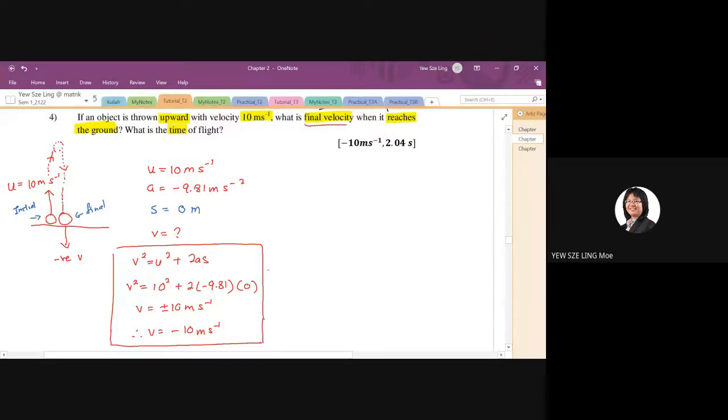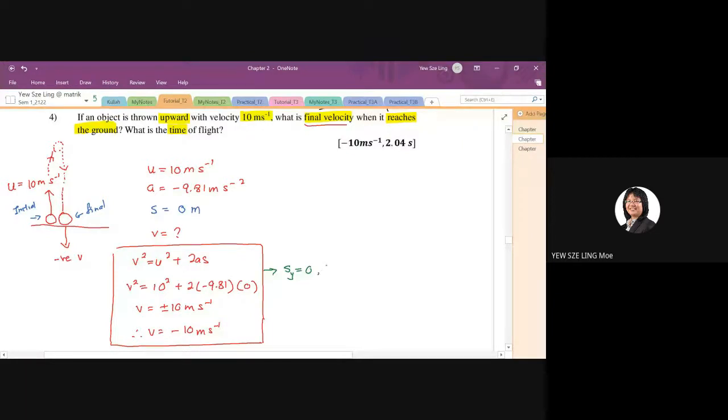You can explain it using words, because when the initial and final positions are located at the same level, we know that they have the same magnitude. The only difference is in terms of direction. So in that case, what can you say? You can say when s equals 0, as y, the vertical displacement, equals 0, means they are at the same level.